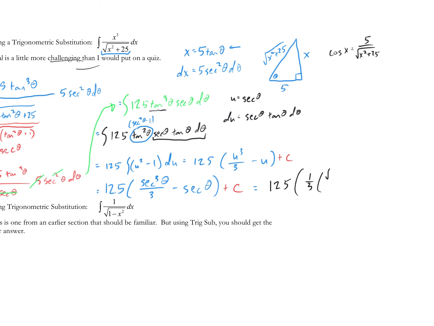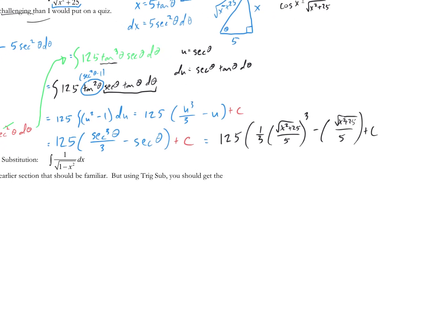So I'm going to put in parentheses square root of x squared plus 25 over 5 raised to the 3rd power minus that same thing, x squared plus 25 over 5, close that parentheses, plus a constant c.